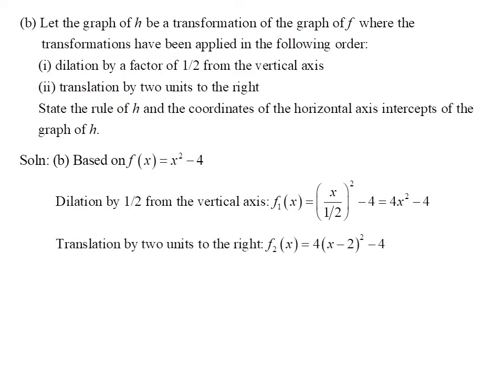Then the function is transformed to 4 times (x minus 2) squared minus 4, which is factorized to 4 times (x minus 1) times (x minus 3), after being translated by 2 units to the right.